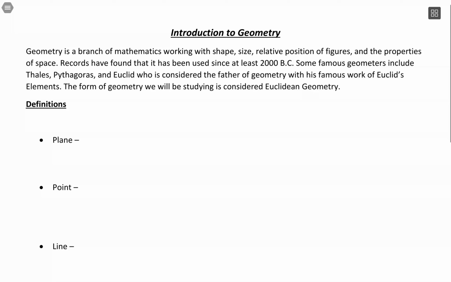So where we're going to start off here is just some basic definitions to get us started. All of the work that we do is on a plane, which is just a flat surface. What you could imagine is a piece of paper, like what we have to draw on.